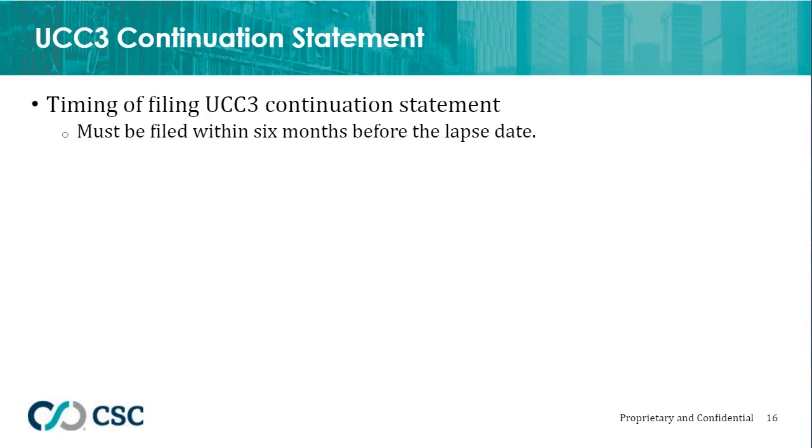One of the most important is that the continuation statement can only be filed within 6 months before the lapse date. The intent here is to make Article 9, the filing system, a self-purging system. If a continuation statement isn't filed before the lapse date, then the record can be purged a year later.